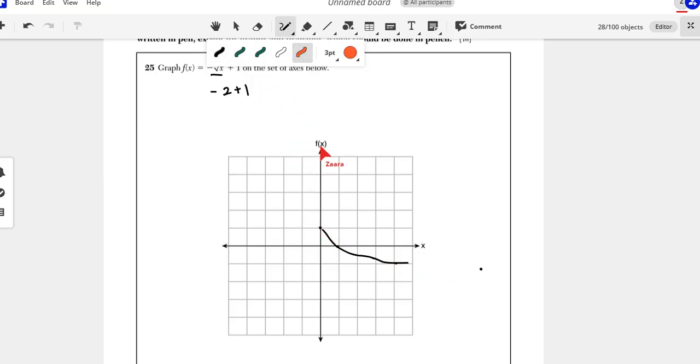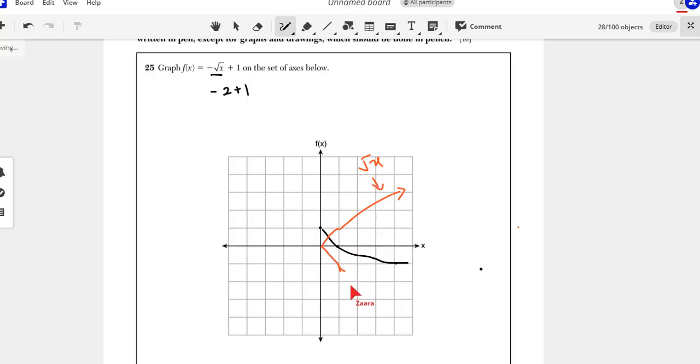So at 0 you will get 0, at 1 you will get 1, and at 4 you will get 2. So you will get this type of curve. This is the curve for square root of x, okay? When it is negative, it will be flipped here.